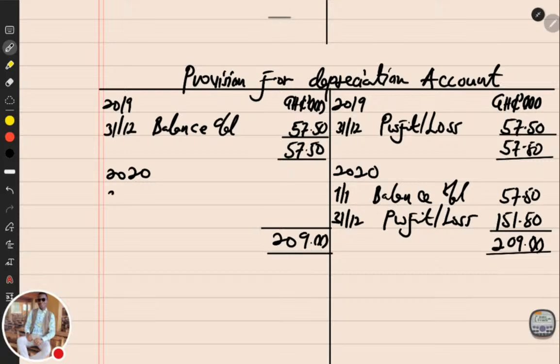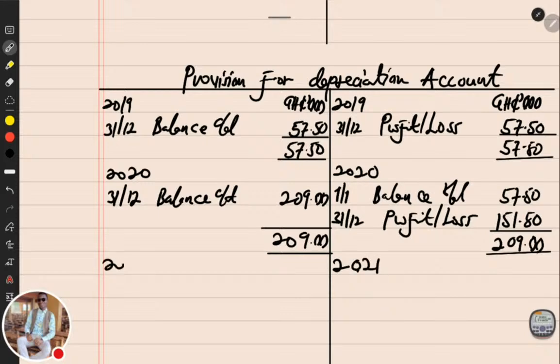Then we have 31st December as the balance carry down. Balance carry down, which is what? 209.00. So that is that. Then move on to 2021.